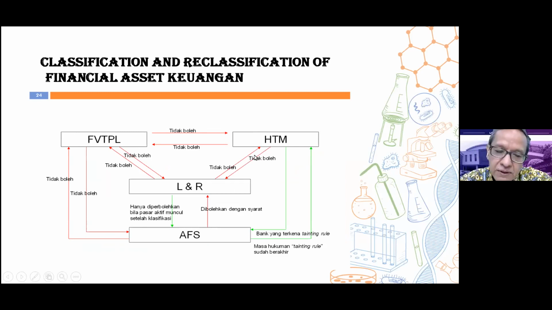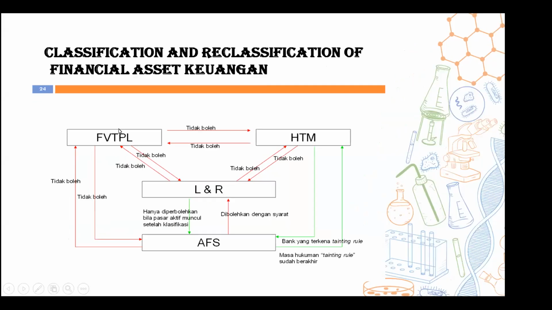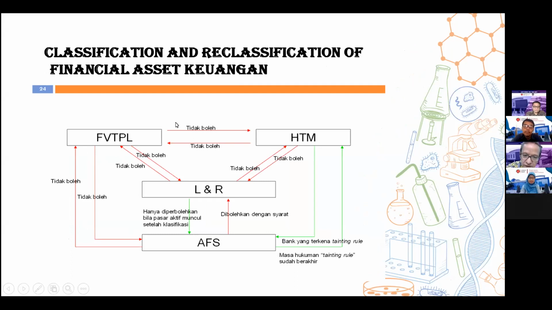regulated. It's really regulated. So you can see here that if you buy a financial asset and categorize it as fair value through profit and loss, you cannot move it into other categories. You can move it into held to maturity. You can move it into loan and receivable. You can move it into available for sale.